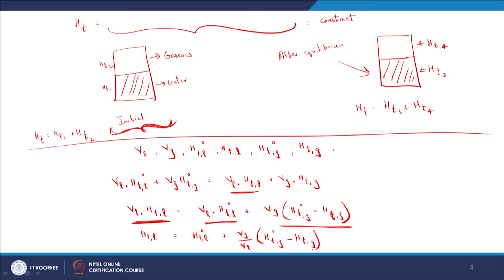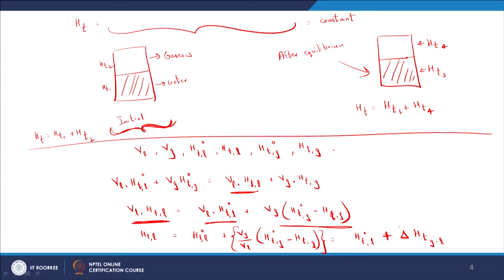For ease of understanding, I am going to write this in terms of a particular variable. I am going to express this set of variables as plus delta H total, the change from gas to liquid phase.